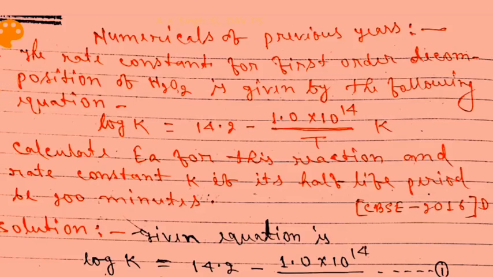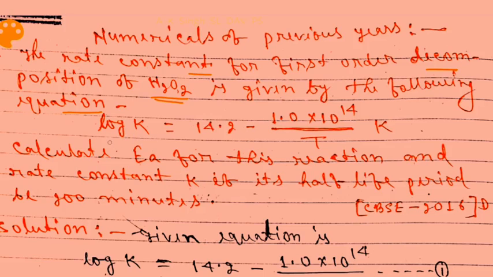Now the second question. The rate constant for first order decomposition of H2O2 is given by the following equation. H2O2 decomposes into H2O plus half O2, as you have seen.